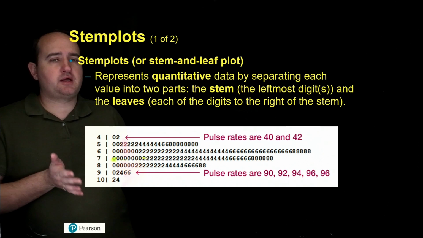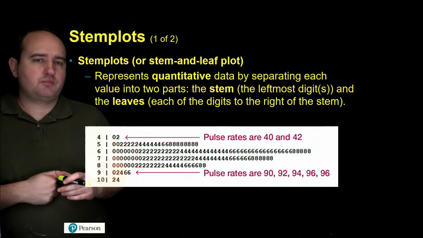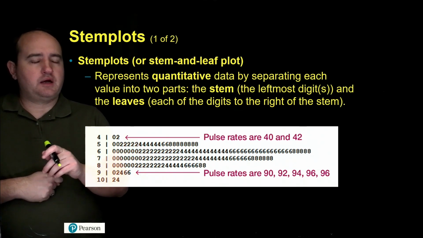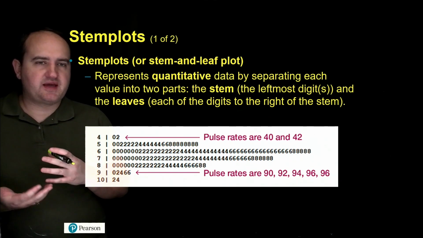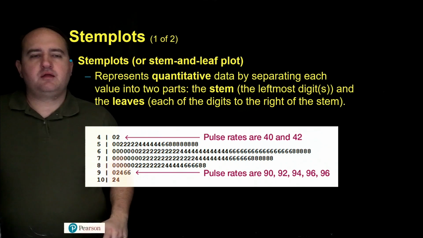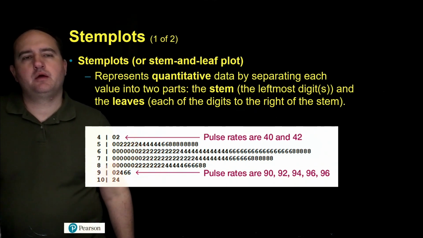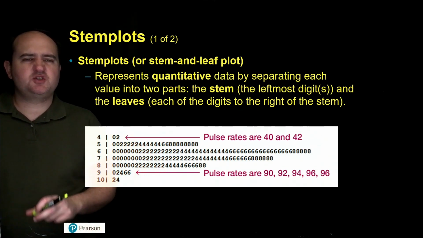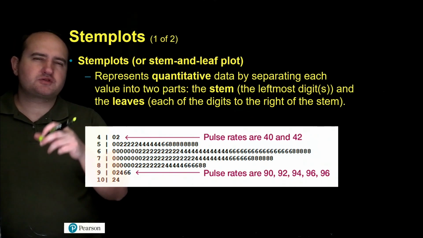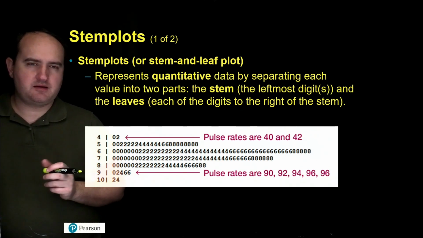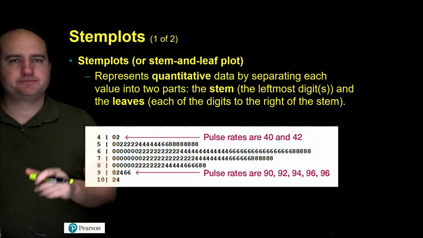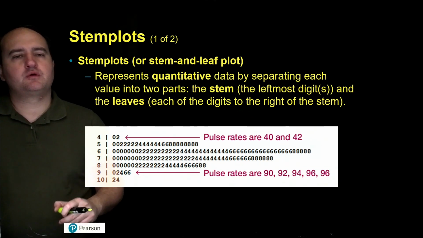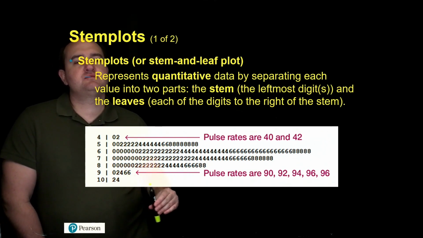You can make stem plots where the stems represent the hundreds, thousands or 10,000s digit, and the leaves represent other things. But usually it's going to be this setup. You can also have stem plots for decimals. But for our homework, the stems are generally the tens digit, and the leaves, these numbers on the right, are the ones digit.